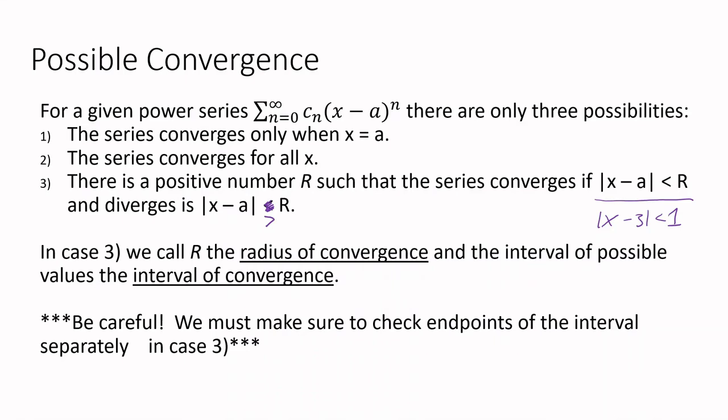So in case number 3, we call r the radius of convergence. Because it's a little interval, we can think of it as having a radius. So it's just half that length. And then the interval of possible values is the interval of convergence. So in the case we just had, this would be my interval of convergence. And since half of the distance between 2 and 4 is 1, r equals 1 would be my radius of convergence.